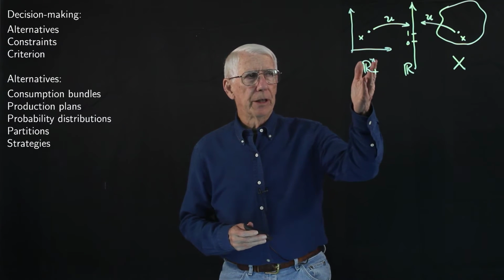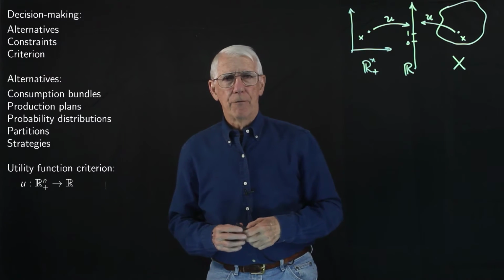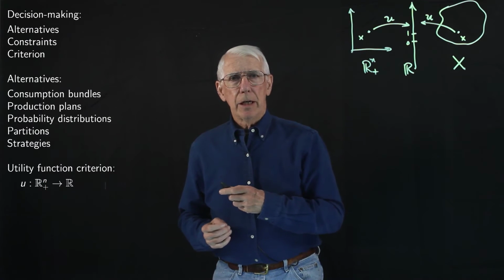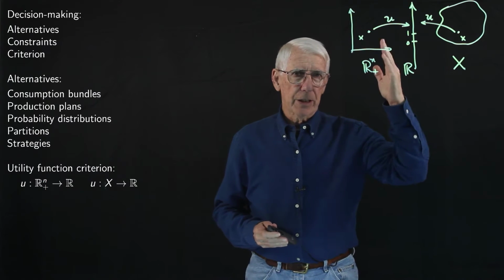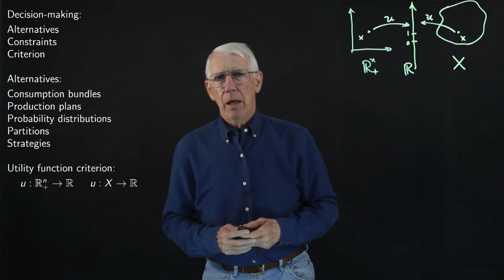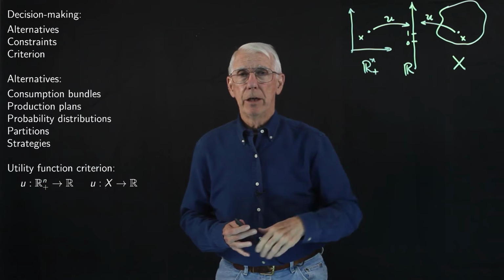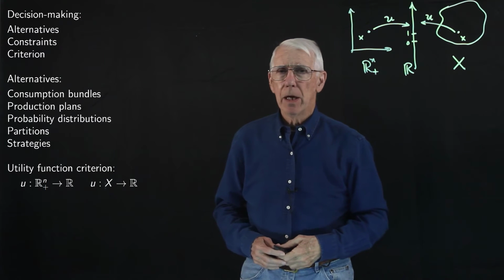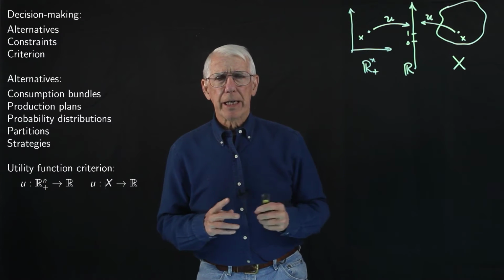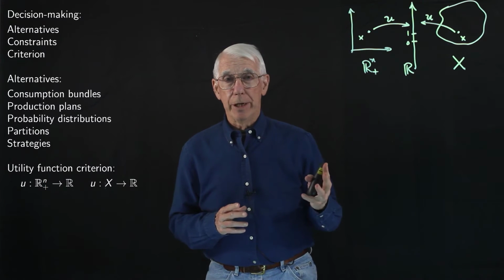In the familiar consumer problem, that utility function will be a real valued function on Rn plus. In the general case, where we're going to use X as the name of our abstract general set of alternatives, the utility function will just be a real valued function defined on the set X.